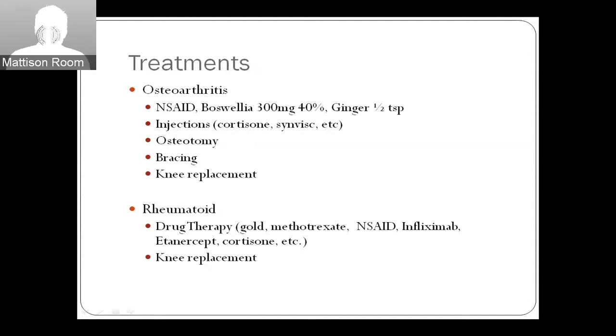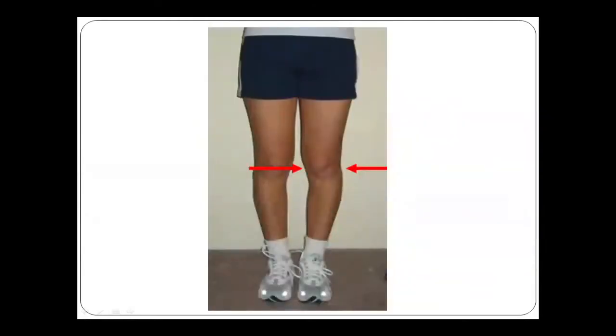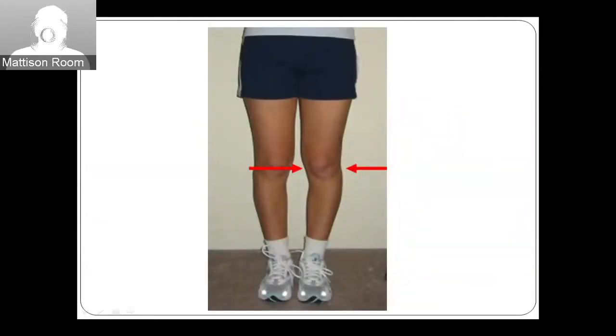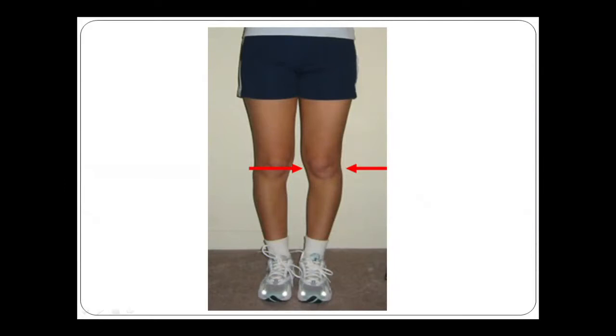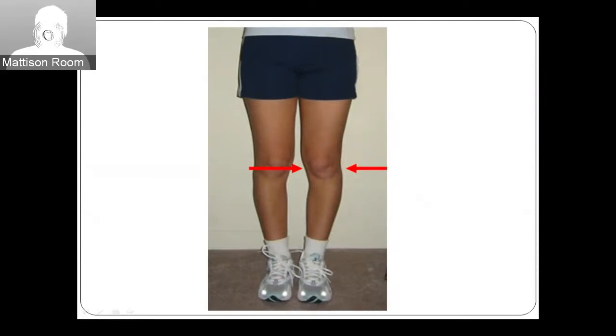There are other types of treatments that you can do. This patient, let's pretend that she's 30 years old, was a professional skier, and had a fracture of her knee. Or let's say she tore an ACL, and she developed arthritis called post-traumatic arthritis.